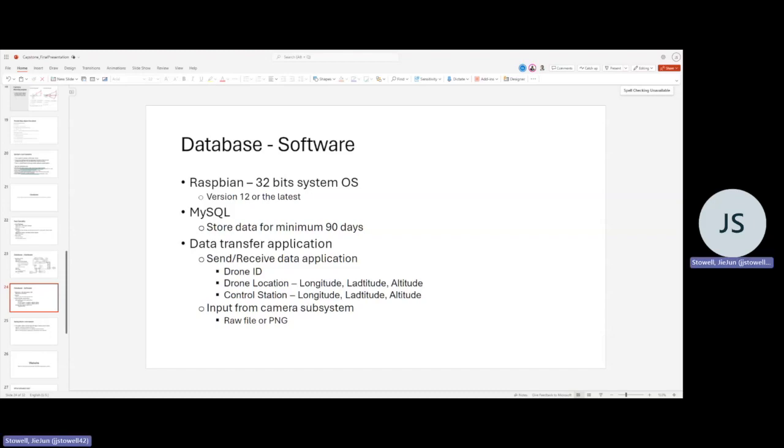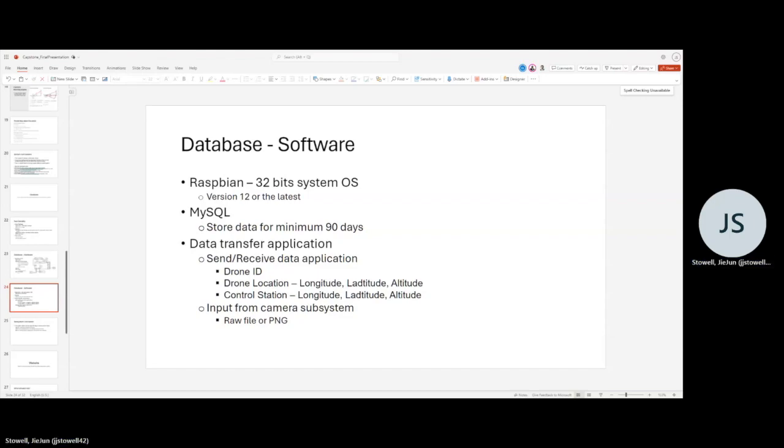And first of all, receiving the application for the RID signal, in a little bit more detail, includes the drone ID, drone location, and control station. For the location, it includes the longitude, latitude, and altitude of the whereabouts of the drone and the control station. And to send the data to the camera system, it will only include the drone location and the control station.